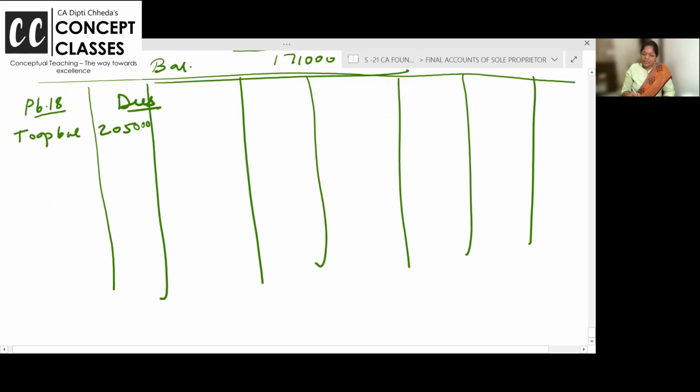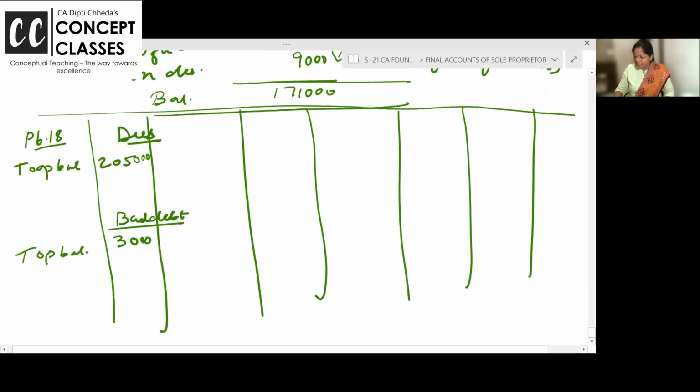Then we have provision for doubtful debts. And we have bad debt also. After this, we will make the bad debt account. How much is already there in bad debt? 3,000. Are you checking the problem or not? 18th problem. Bad debt is 3,000.